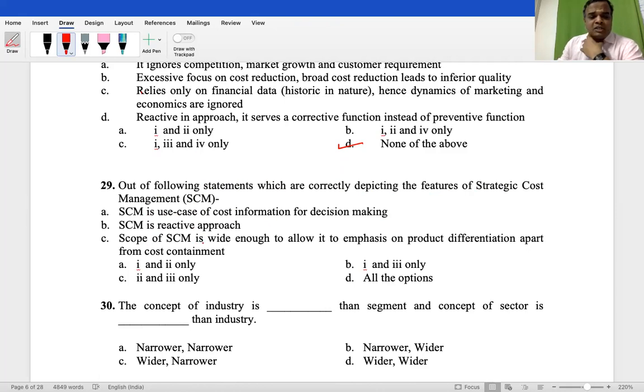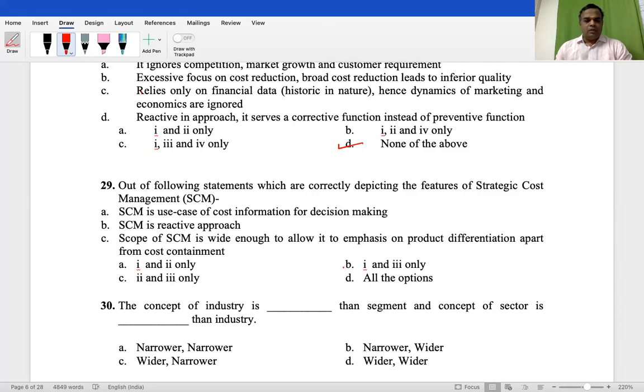The scope of strategic cost management is wide enough to allow it to emphasize product differentiation apart from cost containment. So, what are the correct features? 1 and 3.